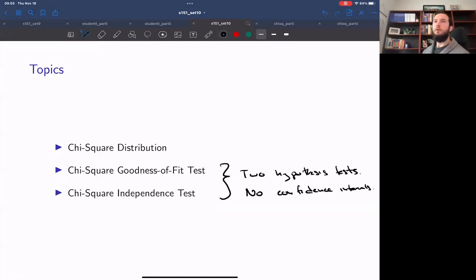So we're only looking at hypothesis testing in this lecture set, and it's hypothesis testing in two different situations.